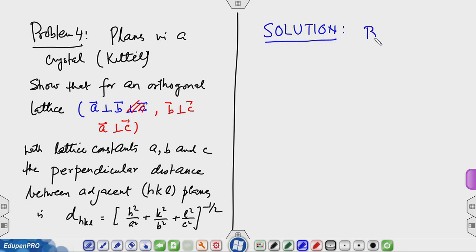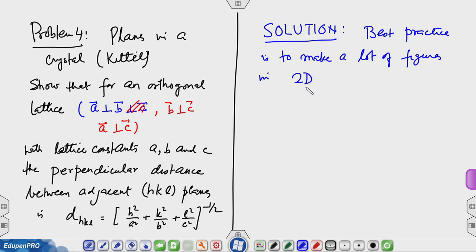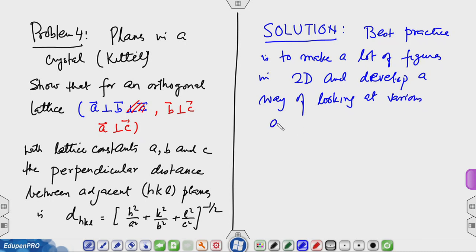So, the best thing is to make a lot of figures in 2D and develop a way of looking at various geometric properties. That will give you some sort of a visualization into this.